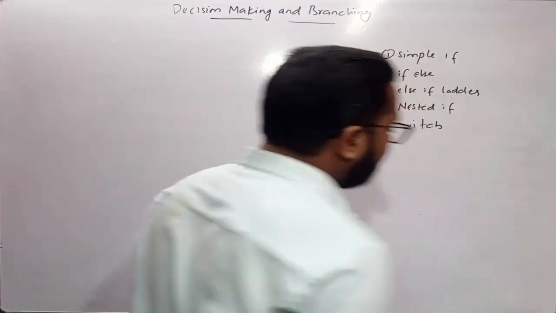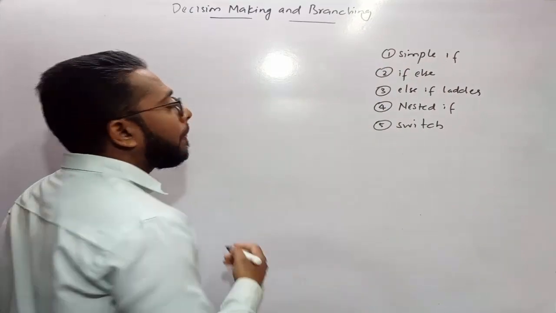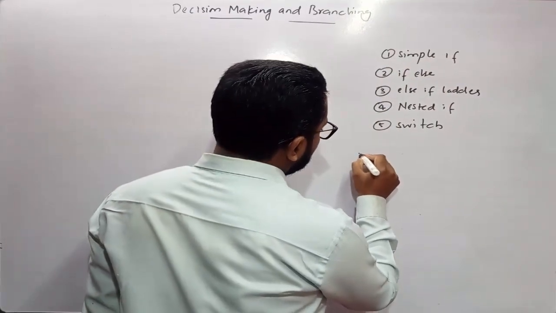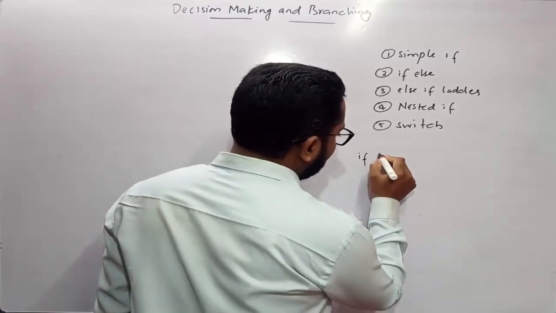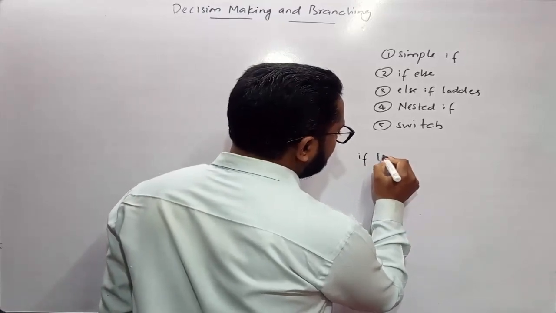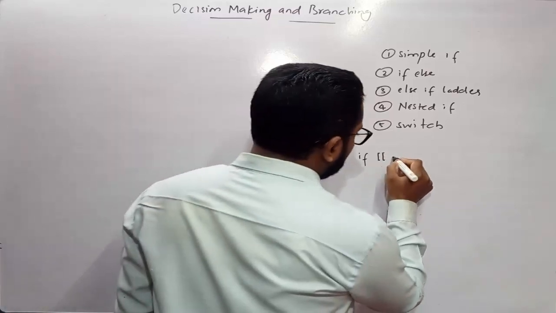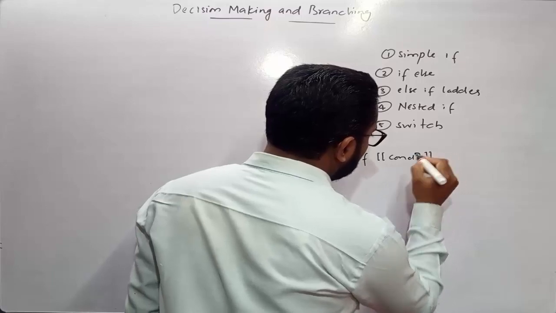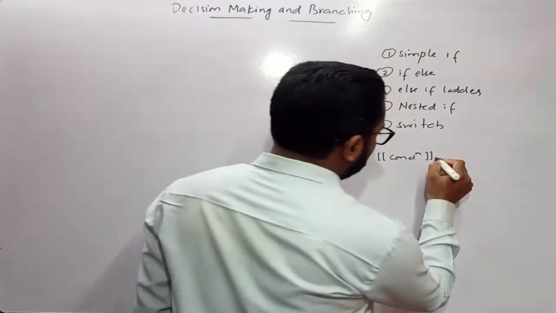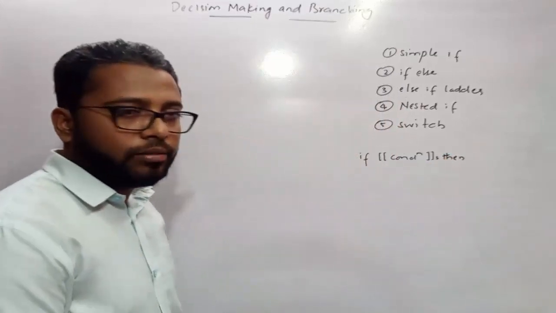Let us first discuss the syntax of simple if in Unix shell programming. It starts with the if keyword, then you put some space, then open two square brackets, then the condition, then close both the brackets, then put a semicolon and use the then keyword.